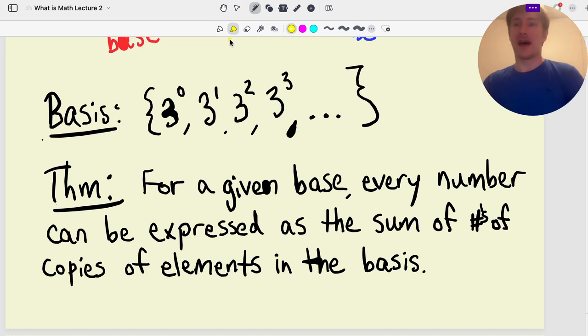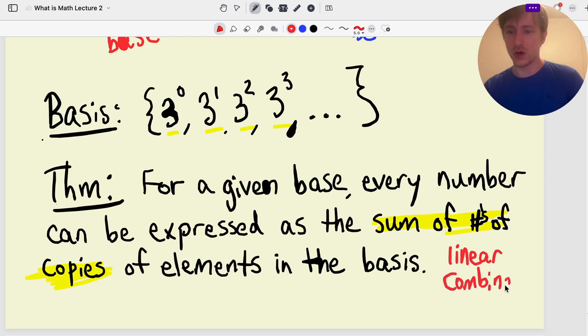So I have 5 3 to the firsts, maybe I have 7 3 squareds, and I have 3 3 to the thirds, whatever. I can always express a number as the sum of numbers of copies of elements in the basis. And by the way, if you think this is a weird wording, the sum means I'm adding together copies of each of these elements. There is a mathematical word for that, and the mathematical word is a linear combination.